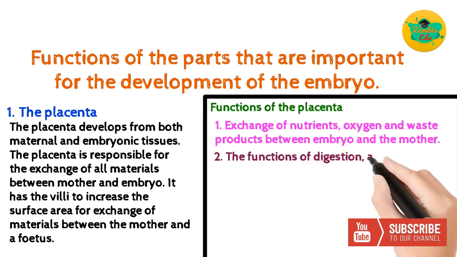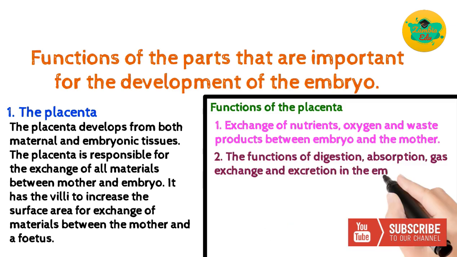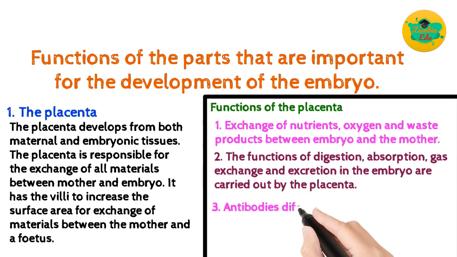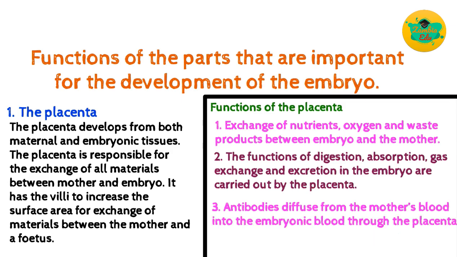Number 2, the functions of digestion, absorption, gas exchange, and excretion in the embryo are carried out by the placenta. Number 3, antibodies diffuse from the mother's blood into the embryonic blood through the placenta. The placenta is joined to the embryo by the umbilical cord, which contains veins and arteries.